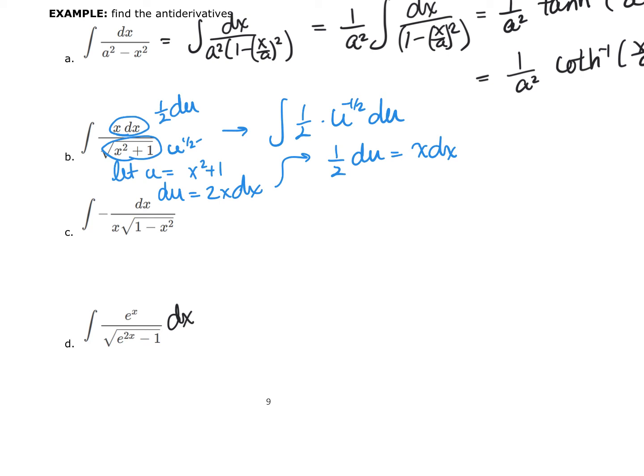Okay, now let's take a look at c. I'm not going to finish b for you because you all know how to do u sub at this point. So if I take a look at c, I have x on the outside, and I have 1 minus x squared.